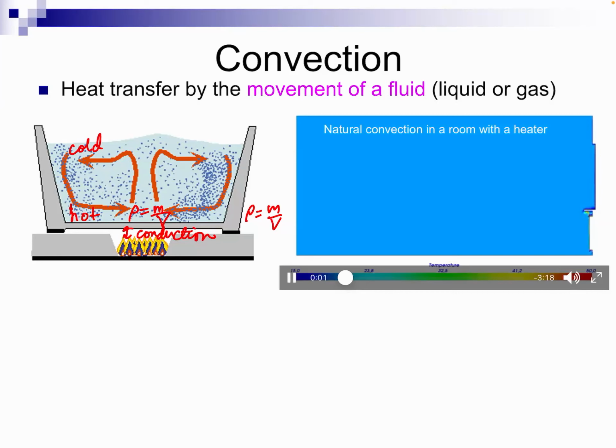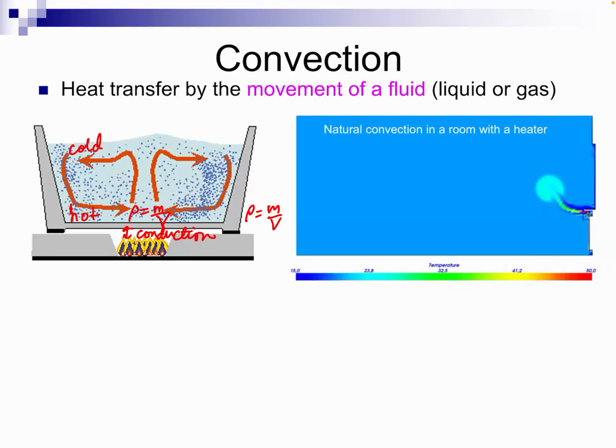Similarly, this animated figure here shows you the heat transfer by convection of warm air closest to a heater or a heating source. So the heater will heat up the air molecules closest to it. The air molecules will tend to become less dense, so they rise up and they also circulate around the room.